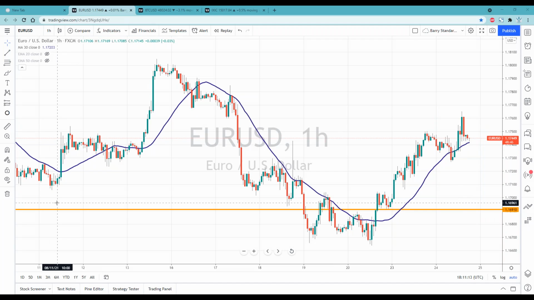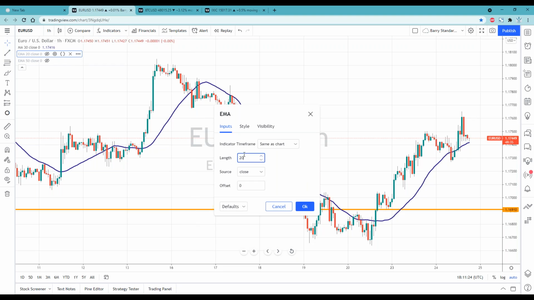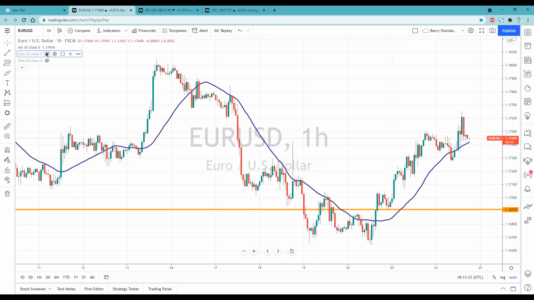Now, because our simple moving average is a lagging type average, we've come up with what's called an EMA, an exponential moving average, which is a much more involved calculation, because, like I said, it's giving more weight to the most recent time periods.